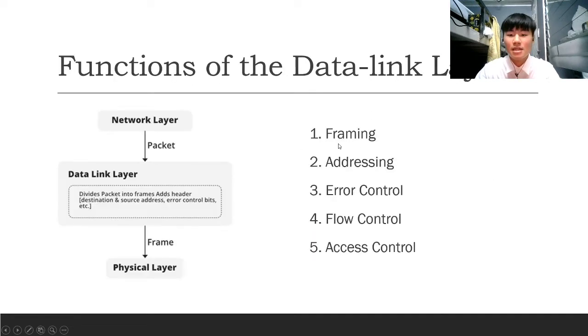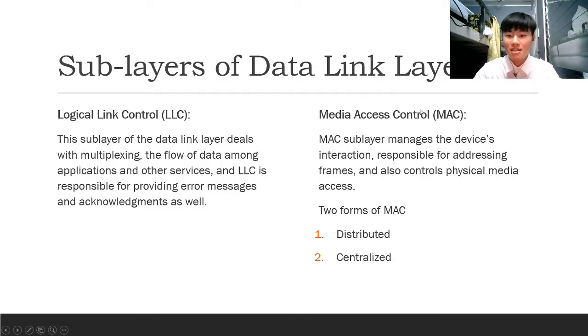Then we have the media access control. I'm sorry, I keep on clicking it. Media access control manages the device's interaction, is responsible for addressing frames, and also controls physical media access. So it interacts with the physical layer, and it defines who will have access control to the media, which is performed over hardware.